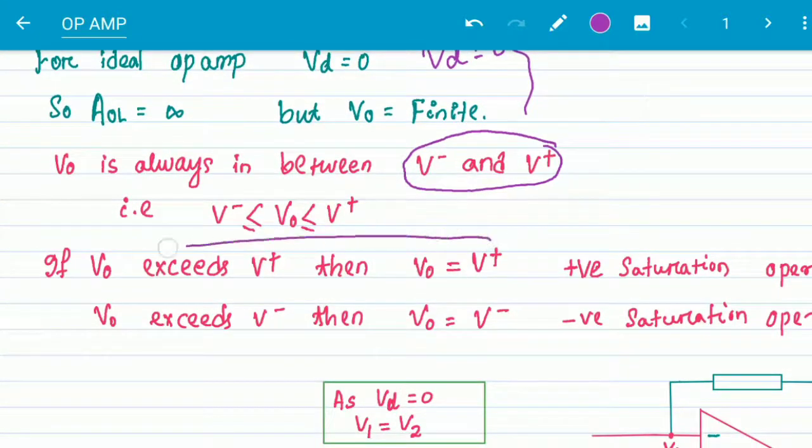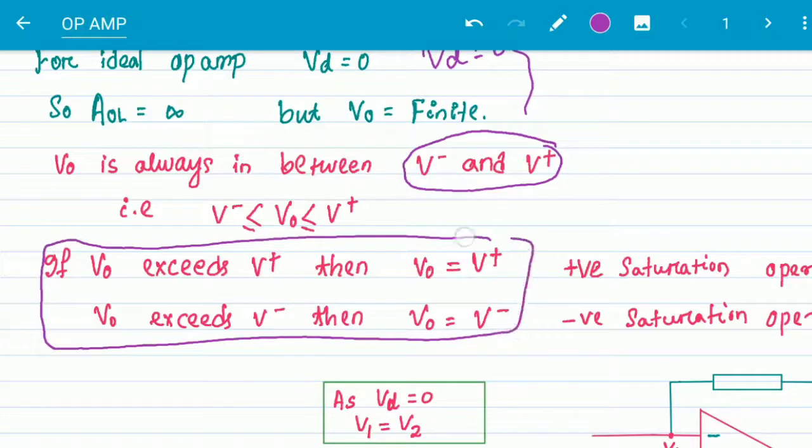For example, if the negative saturation voltage is -5 and our output is coming to be -6, this is exceeding the negative saturation voltage. So the answer will not be -6, it will be -5.